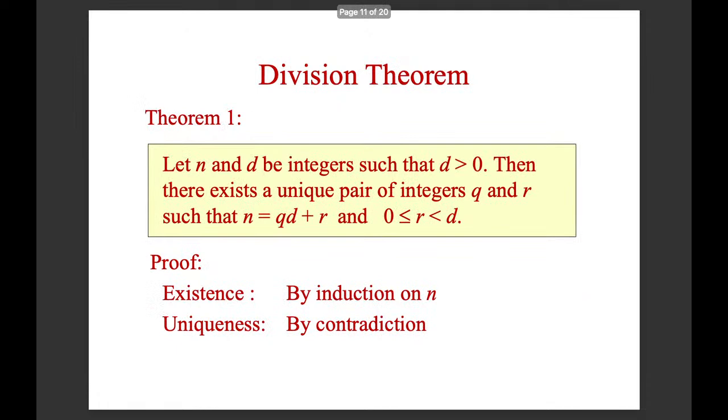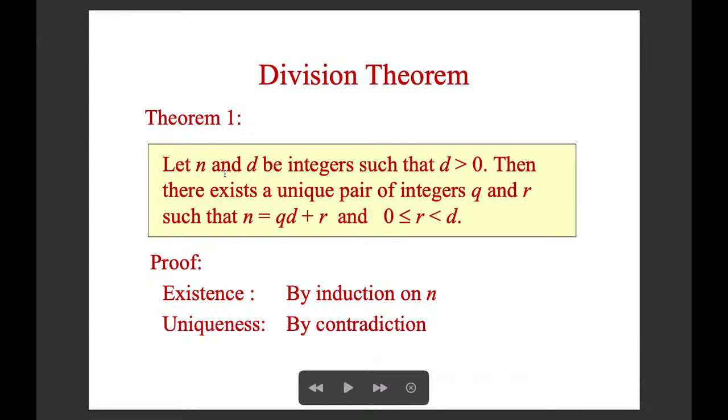The next one is the so-called division theorem, which we have also known for a long time. Suppose that we have an integer n and an integer d, where d is greater than 0.